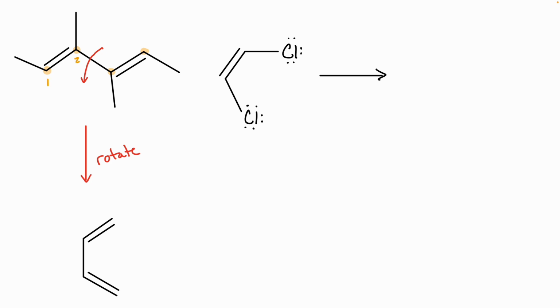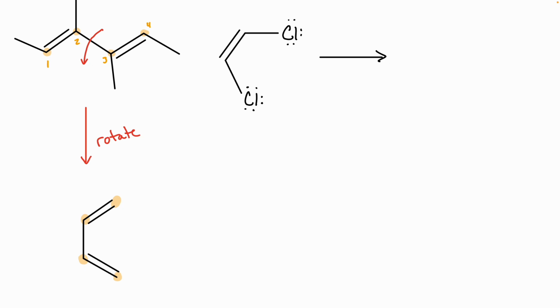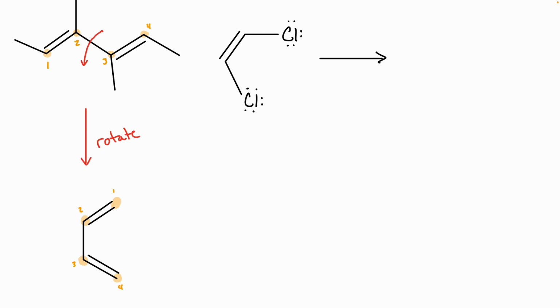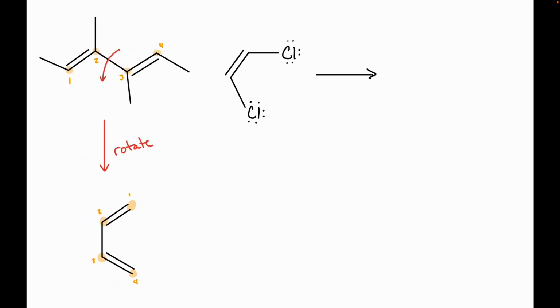These 1, 2, 3, 4 are going to be the 4 that participate in this Diels-Alder reaction, the 4 sp2 hybridized carbons about my double bonds here. But I need to add some stuff on here, so everybody take a second, see if you can fill this out.